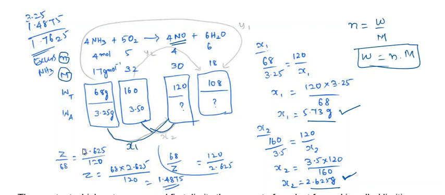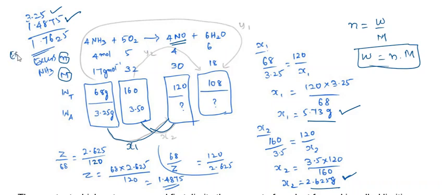So Z by 68 is equal to 2.625 divided by 120. Now the Z value is 1.4875. So the Z value is 1.475, and the original value is 3.25. So the excess amount of ammonia present in this reactant is 1.7625 gram.